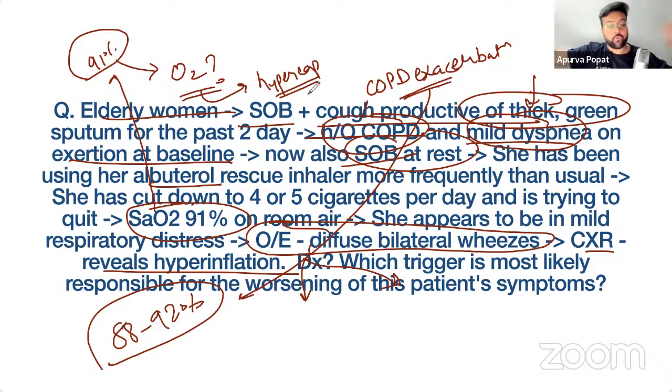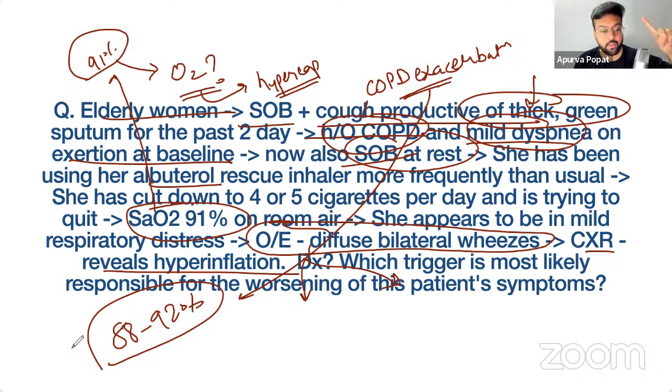Because of a lot of VQ mismatch, you tend to retain more carbon dioxide, and you also lose your respiratory drive when you give oxygen. So this patient will have hypercapnia if you give a lot of oxygen. So give oxygen only when your saturation is less than 88%.